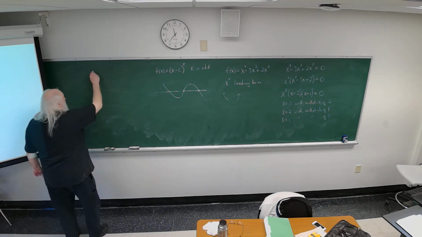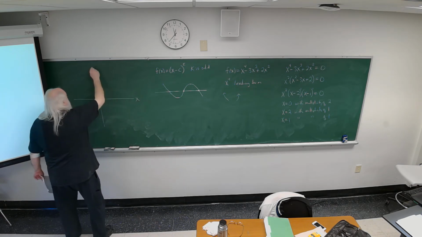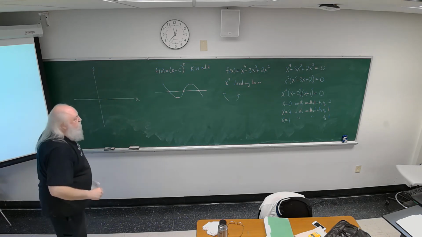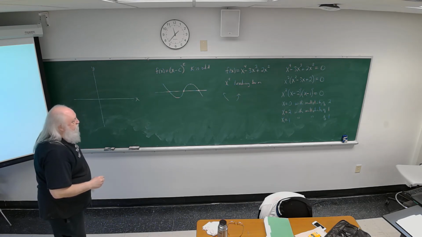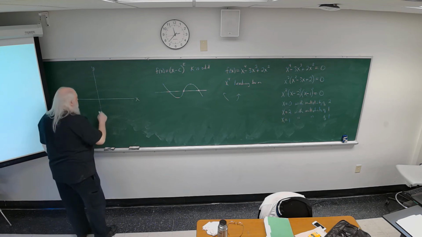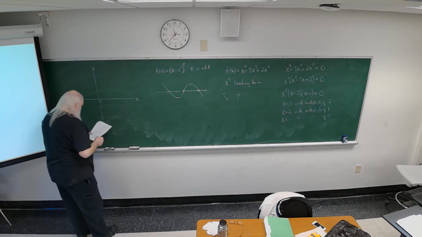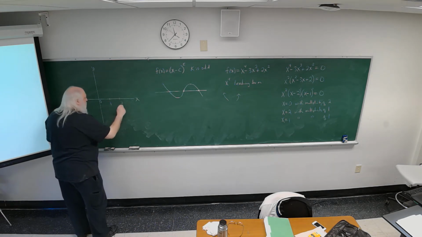So now we can graph the polynomial function. It has x-intercepts at x equals 0, x equals 1, and x equals 2.